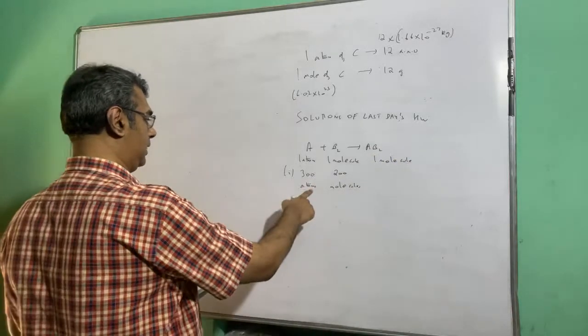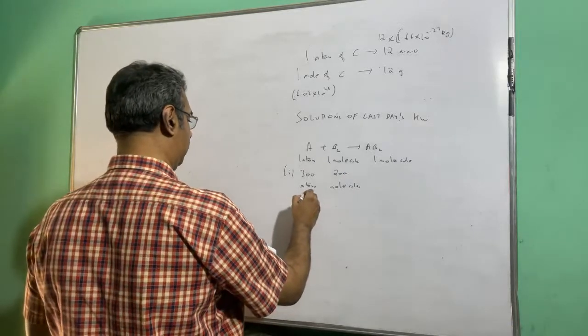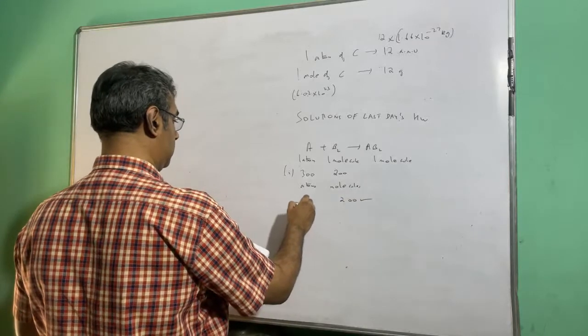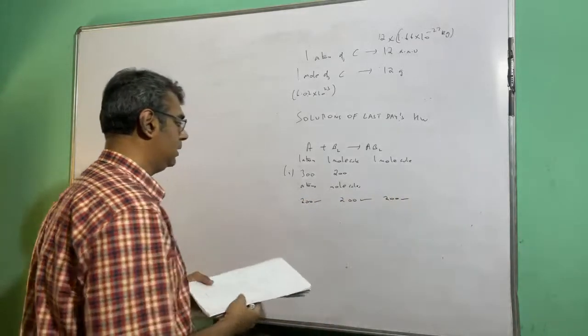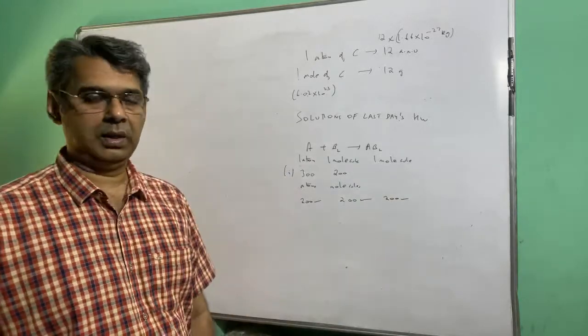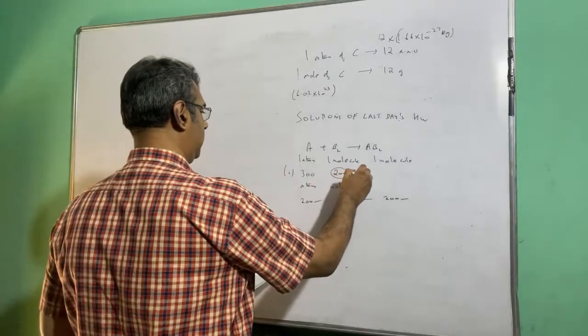Now suppose this is 300 atoms and this is 200 molecules. Then this will be 200 molecules, this will be 200 atoms, and this will be 200. That means 300 is available, but used will be only 200. So this one is the limiting reagent.